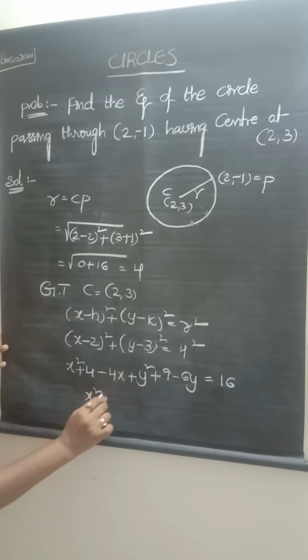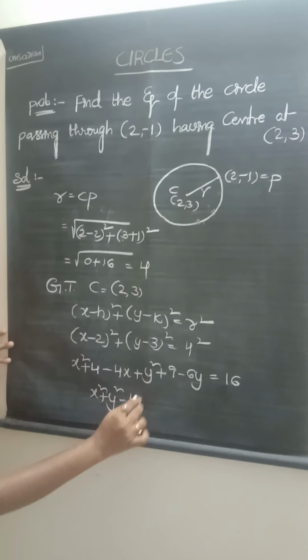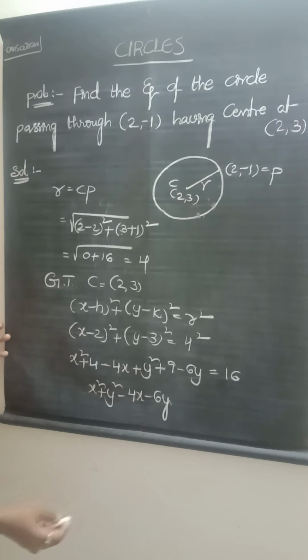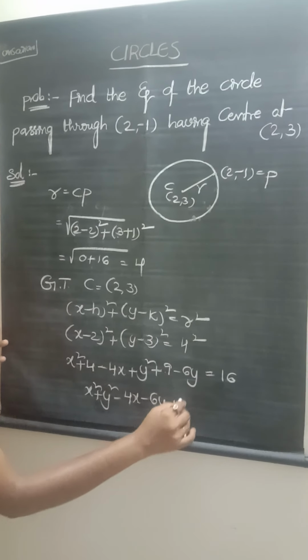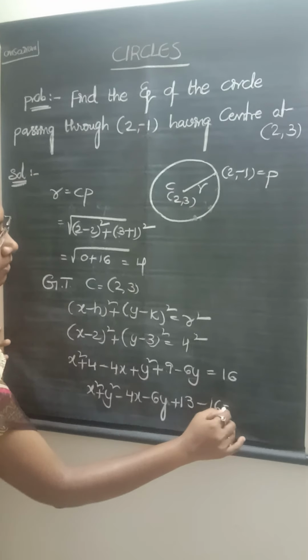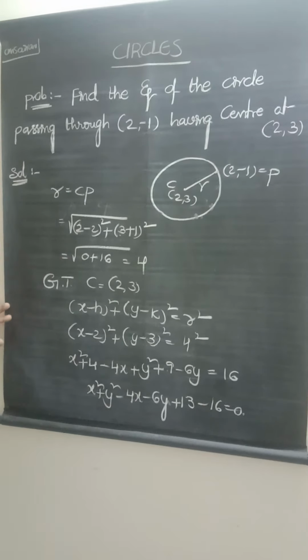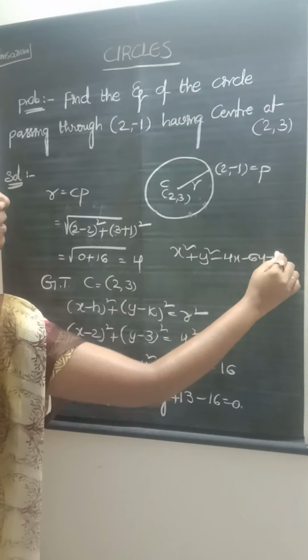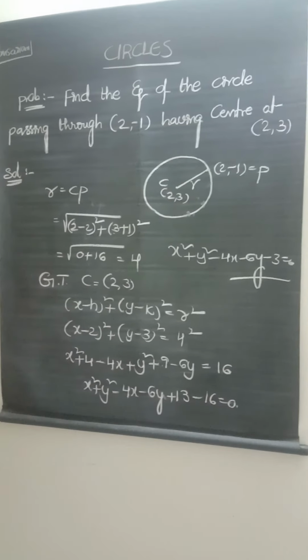That is x square plus y square minus 4x minus 6y, 4 plus 9 is 13, minus 16 equals 0. So the answer is x square plus y square minus 4x minus 6y minus 3 equals 0.